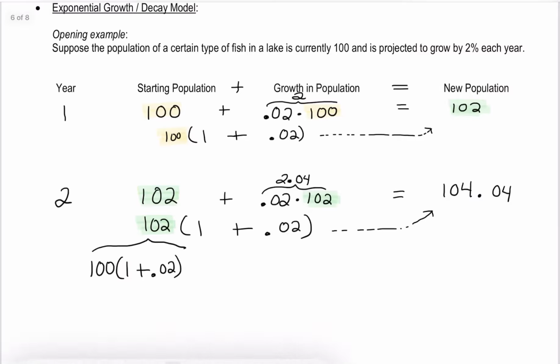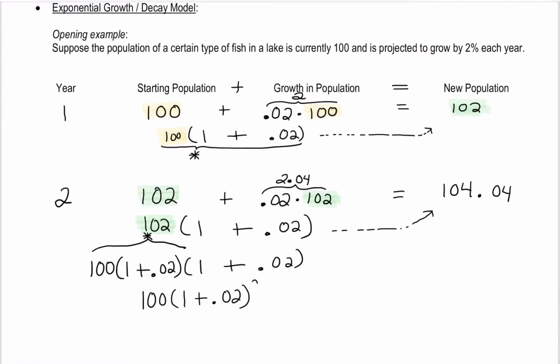So from the work that we have up above, from the asterisk, that was how we computed that 102. So again, you don't have to know where this came from, but I want you to see that it's not all that complicated. So at this point, I have 1 plus 0.02 times 1 plus 0.02. So that's 1 plus 0.02 squared. So that is now another way to think about how to get to that result.